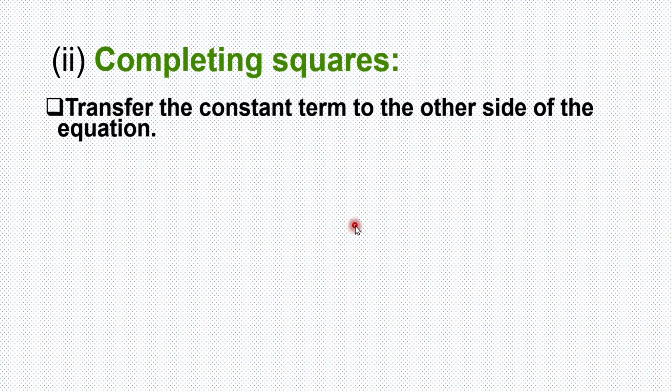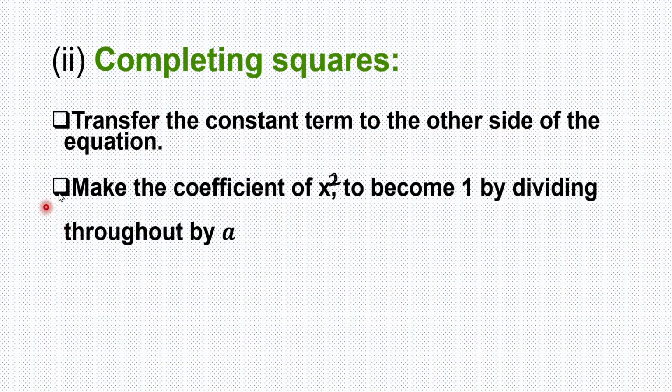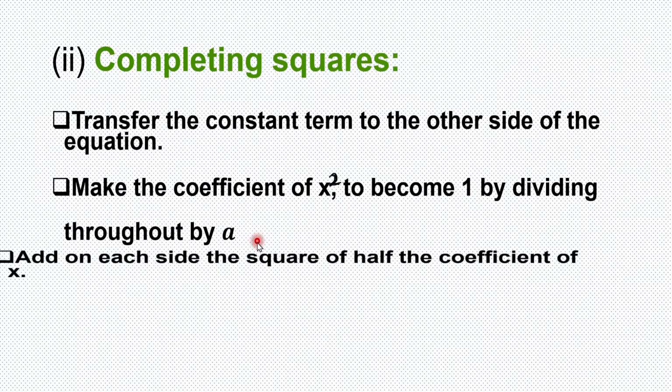The second method is the completing square method. Under this, we first transfer the constant term to the other side of the quadratic equation, so we transfer the constant term to the right hand side. Then step 2, we make the coefficient of x squared become 1 by dividing through by a.